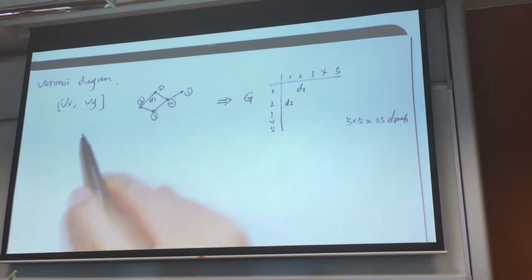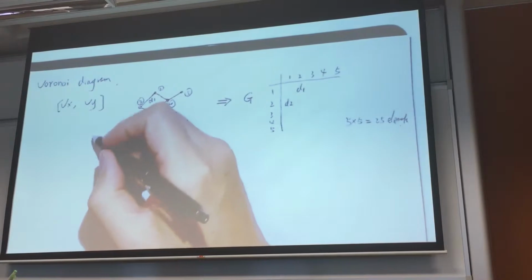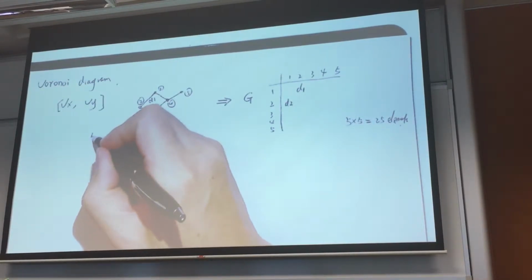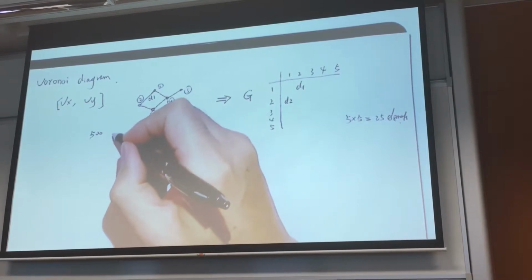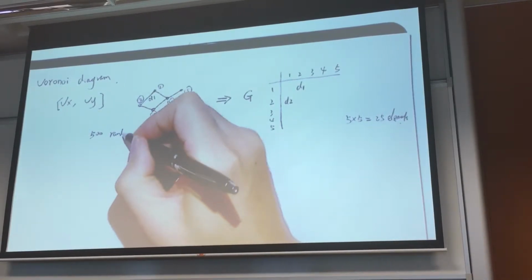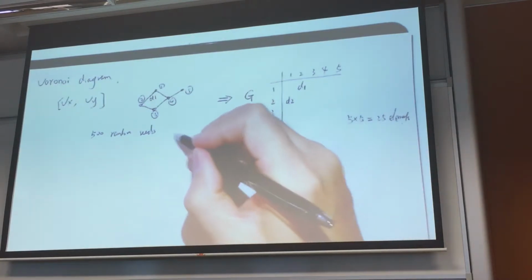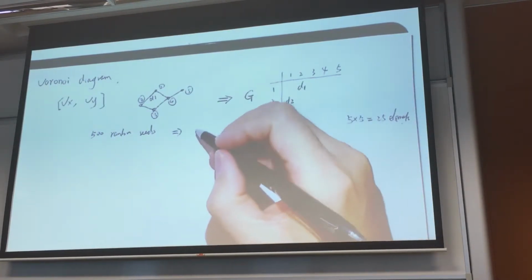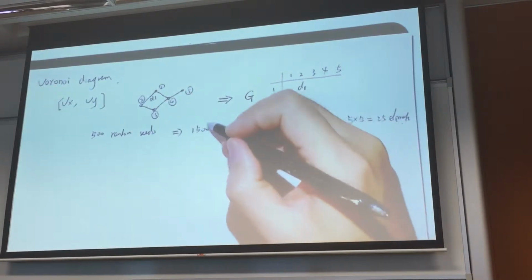But remember, in our last lecture, we had an example where we put 500 random seeds. In this case, we generate roughly 1,500 nodes.